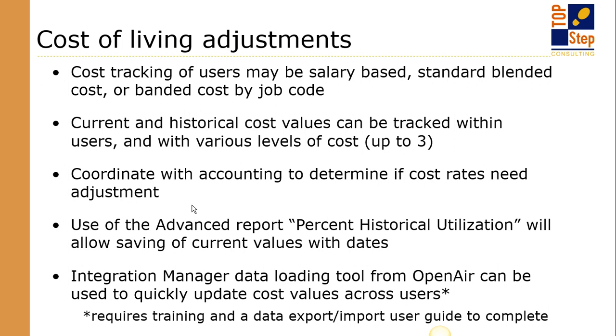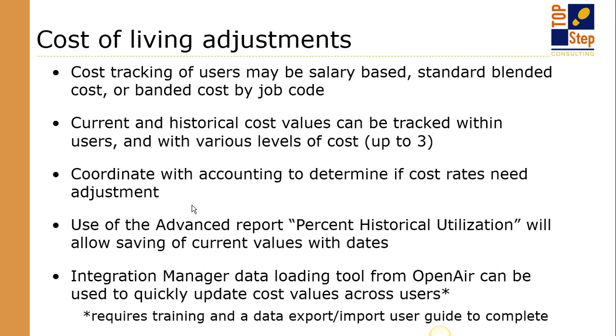There's 3 levels of a cost that you may take advantage of. So depending on what levels of cost you're using, you may have more than one adjustment to make across those. Make sure everyone is on board with any cost rate adjustments, that the calculations are in line with the accounting and finance team.